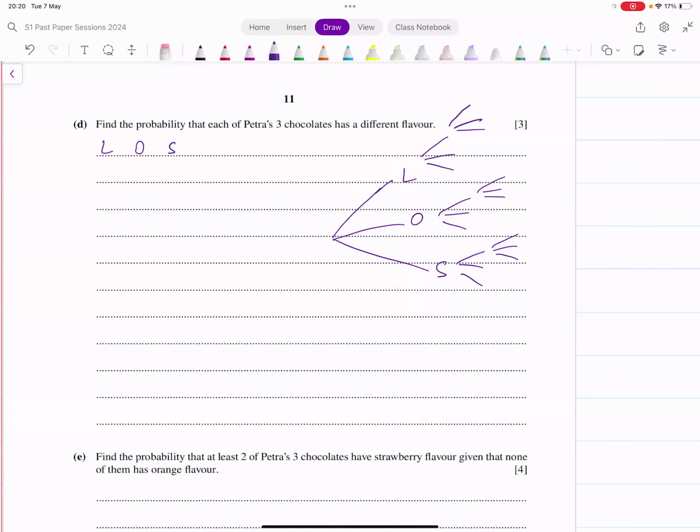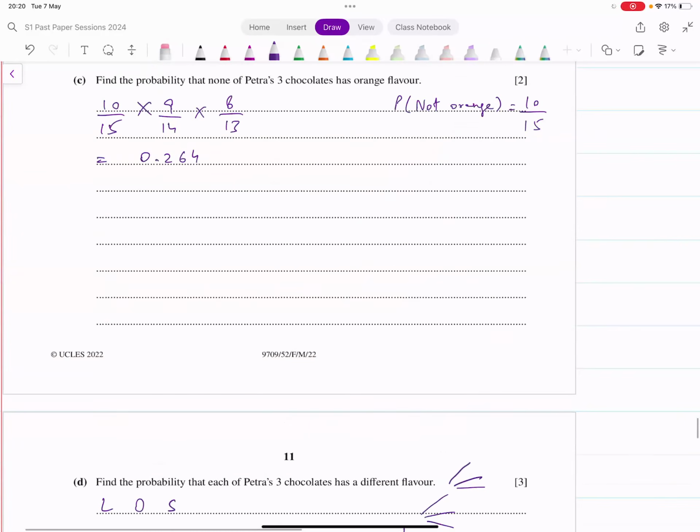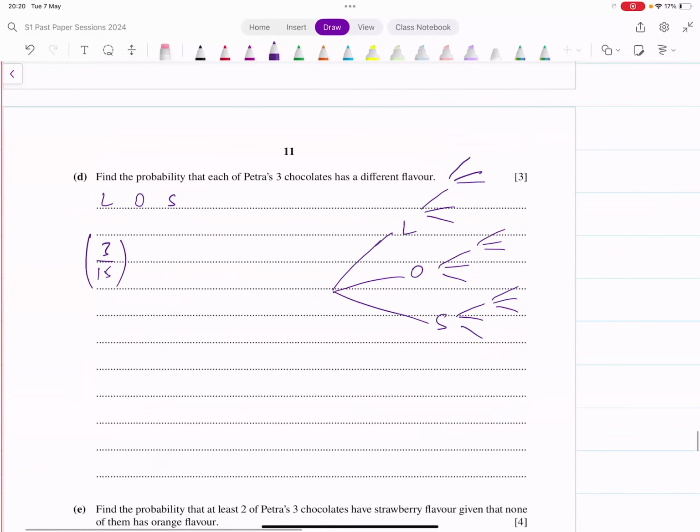What's the probability that she gets a lemon the first time? 3 out of 15. And then what's the probability of getting an orange the next time? Orange chocolates are 5 out of how many now? 14. And then the third time getting a strawberry, that is 7 out of 13.